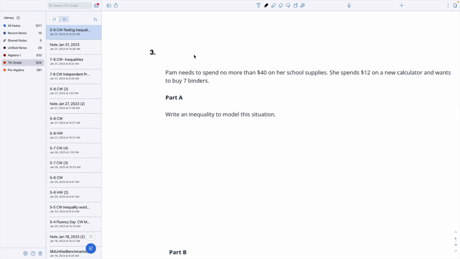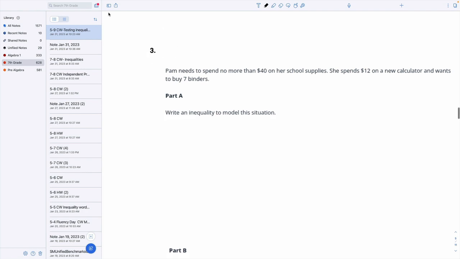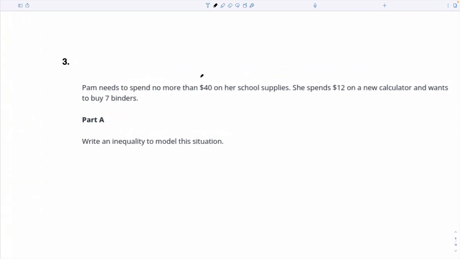Yep, A and B. Solve it after you get the inequality. Thirty seconds.